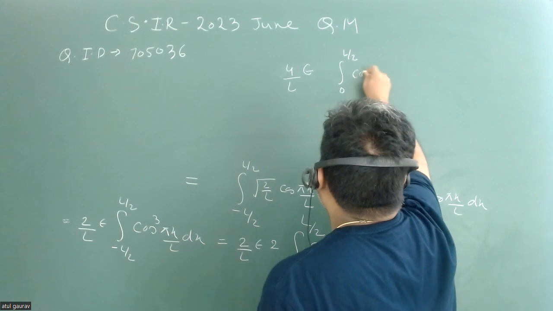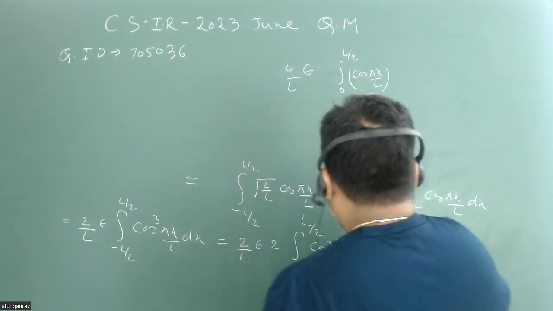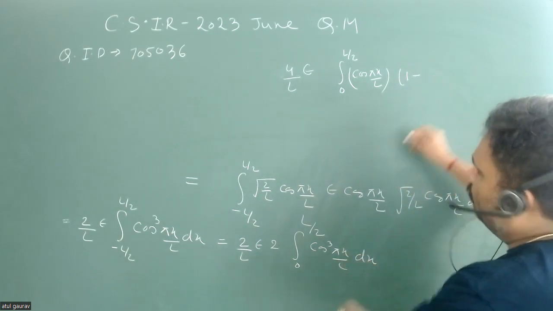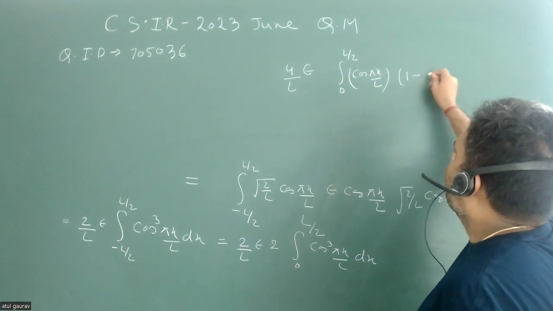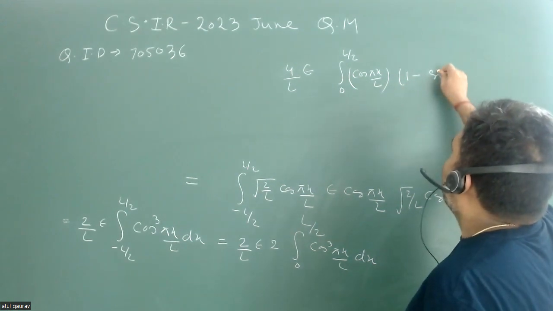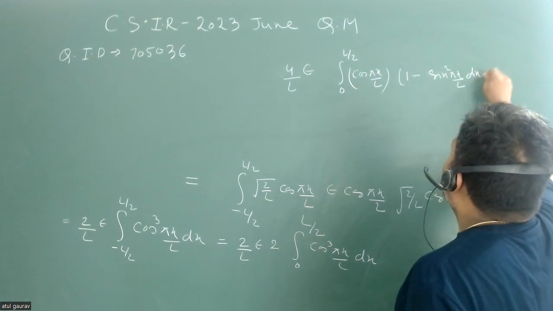I will take cos(pi x by L) as common, and for the rest, cos square(pi x by L), I will write 1 minus sine square(pi x by L) dx.